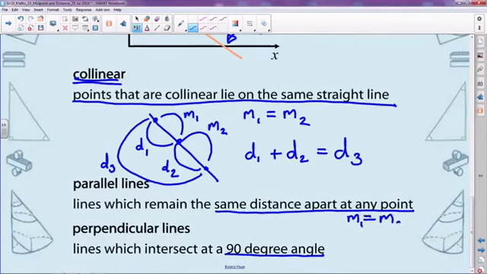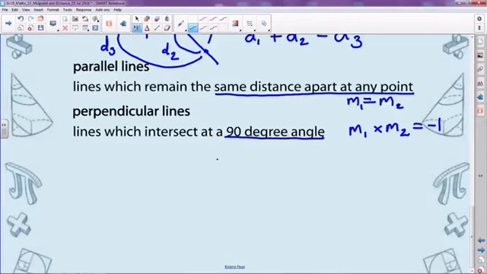Let's just label those, which means that if we multiply the gradients together, what value should we get? -1. And so that means that if we had a gradient of a half for the first line, our second gradient should be -2. Why?